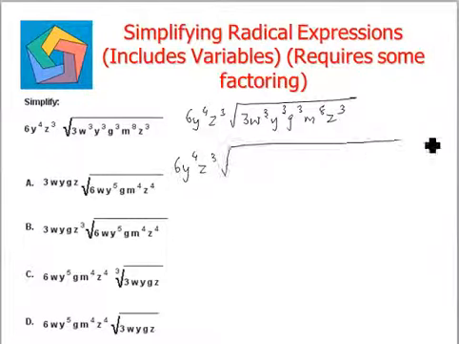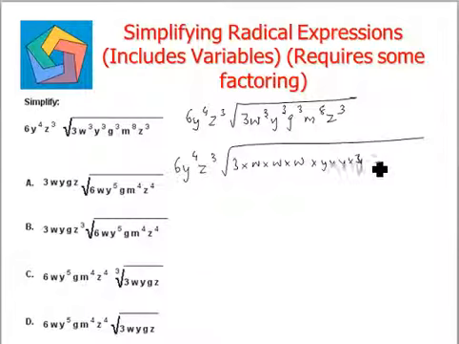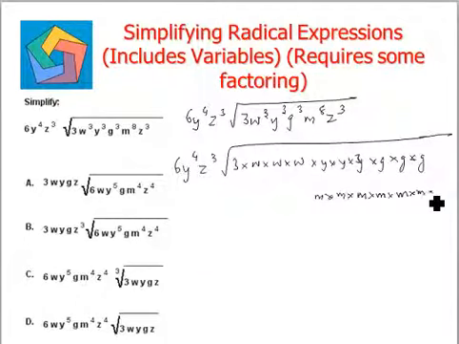Inside the radical, 3 times w 3 times: 1, 2, 3, then y 3 times: 1, 2, 3, then we have g 3 times: 1, 2 and 3, then we have m 8 times: 1, 2, 3, 4, 5, 6, 7 and 8, and then z 3 times: 1, 2, 3. All this is inside the radical.